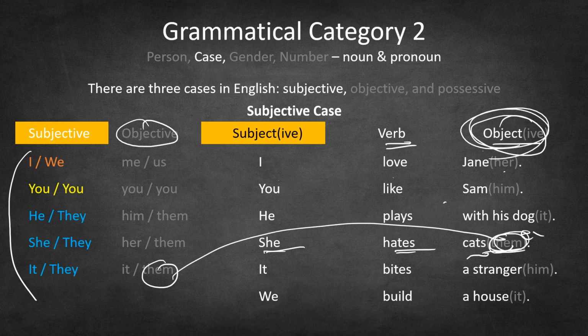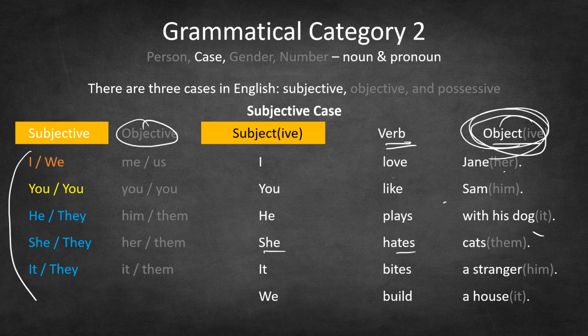So use this here. Next one, it. It is third person singular. So we need an extra S. It bites a stranger. It could be a man or it could be a woman. So let us say man. It bites him.